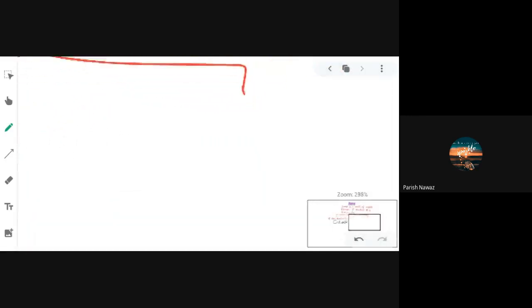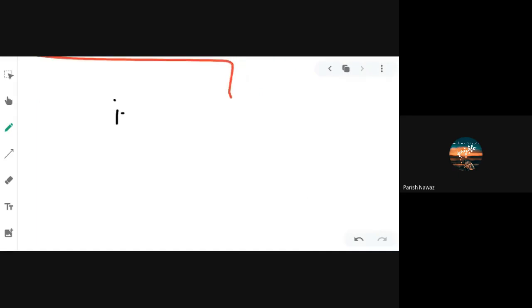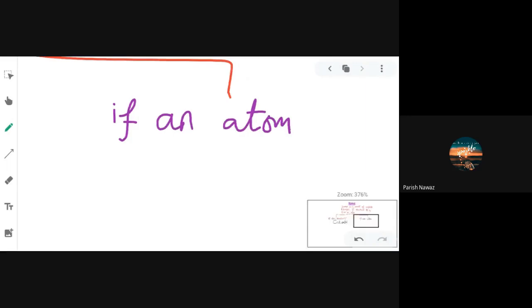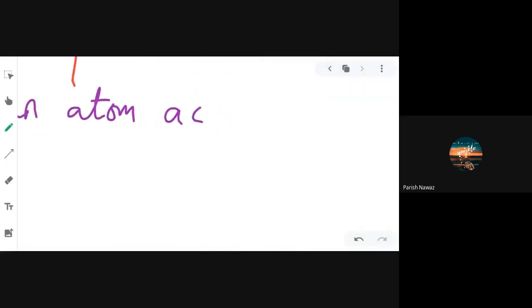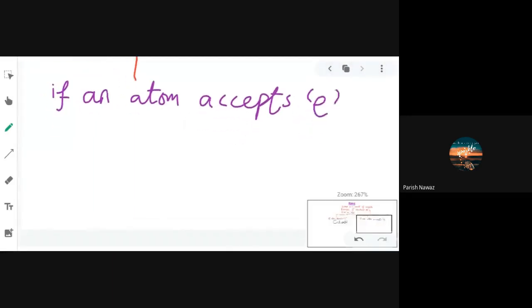And if an atom accepts electron or electrons, it becomes what?